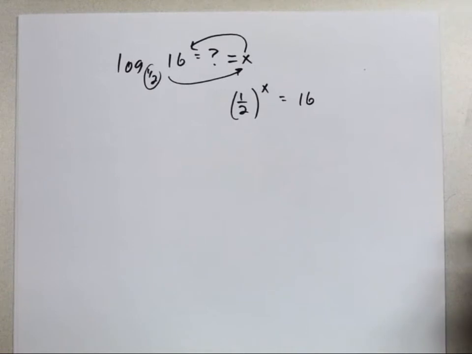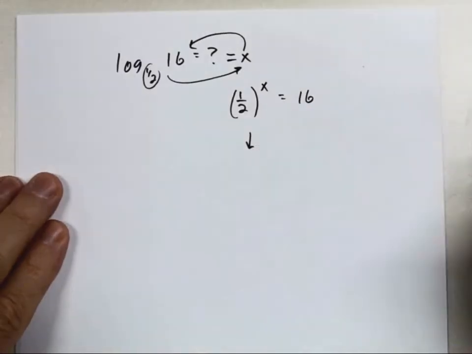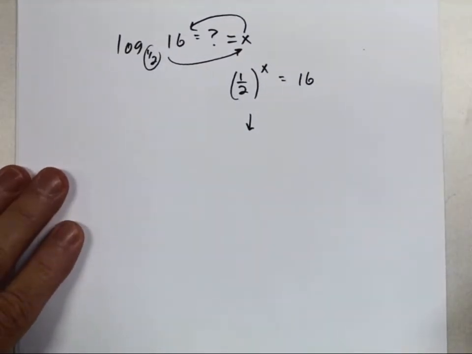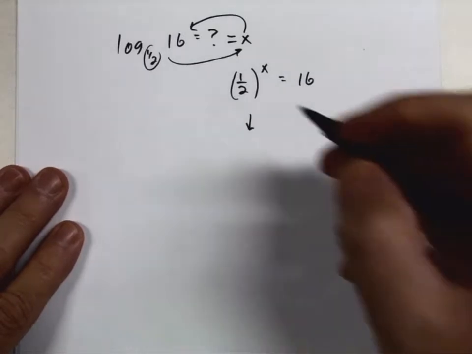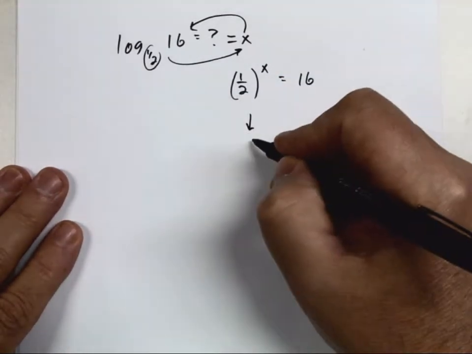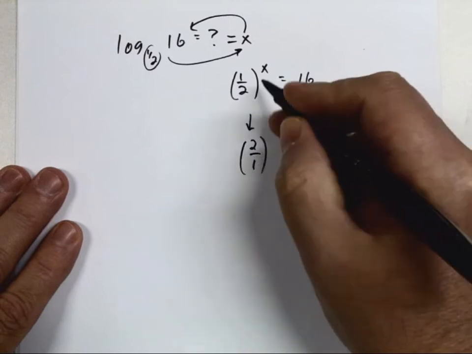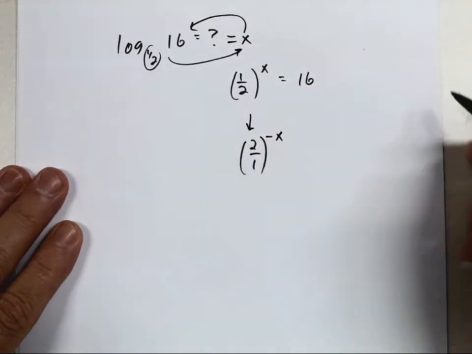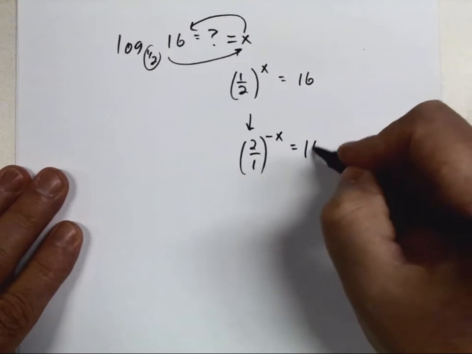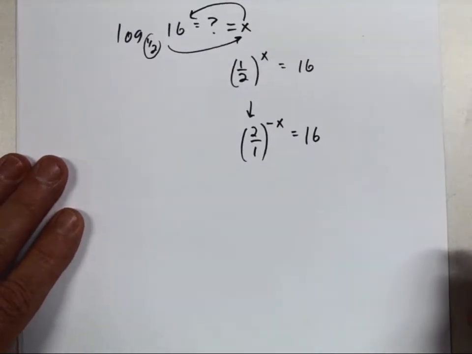Now it's almost like a trick question. I don't expect maybe you to know this necessarily, because this is like a trick question. I just chose one from the book. I'm going to flip this fraction inside. I can do that, but I have to make my exponent a negative.